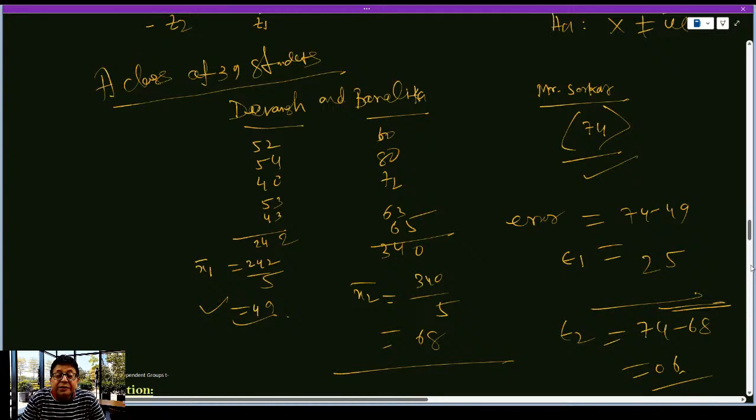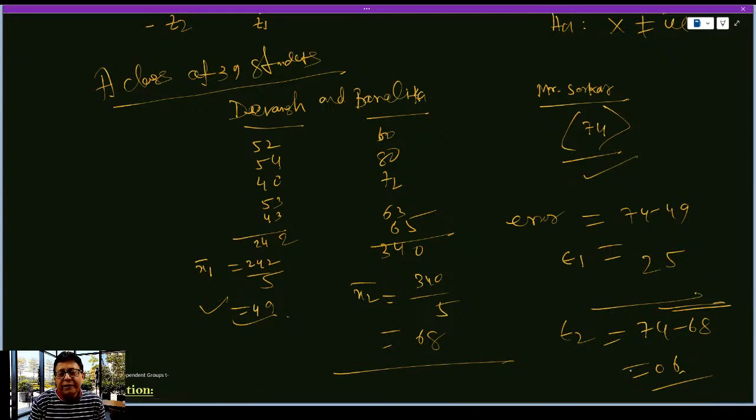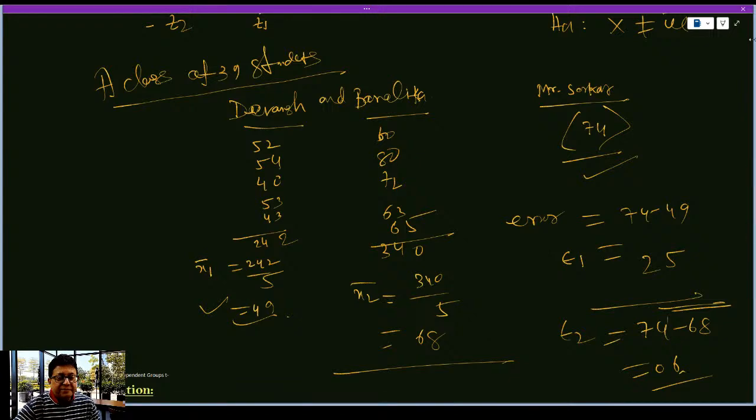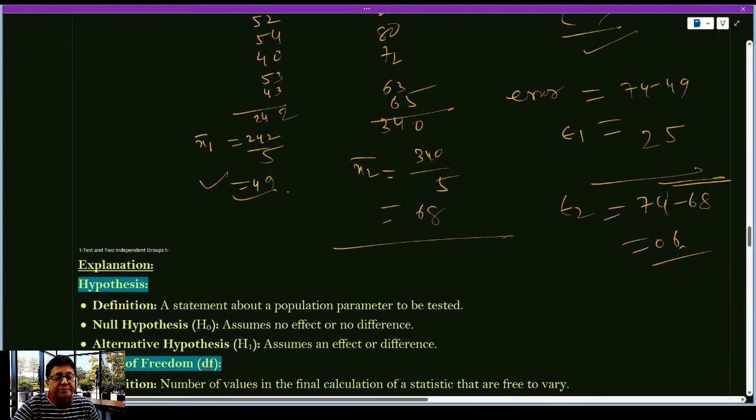The error made by Devans is 74 minus 49, that is 25, and by Bonalika it is 74 minus 68, that is 6.